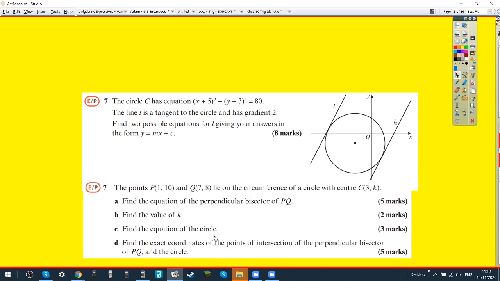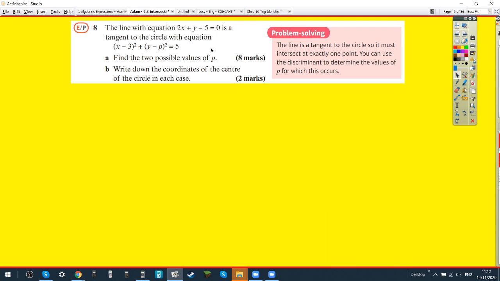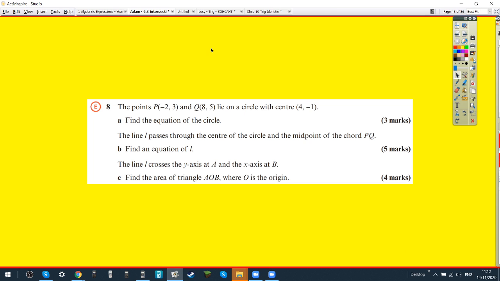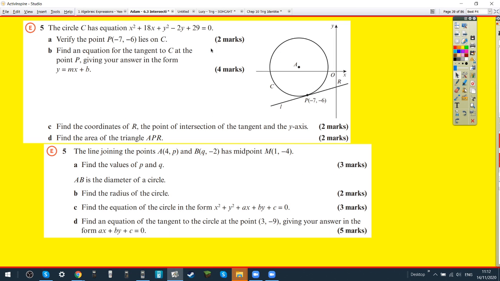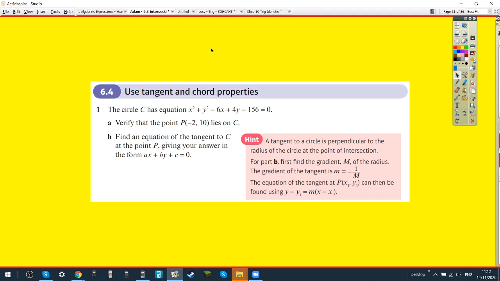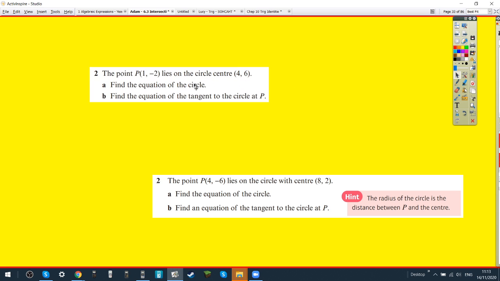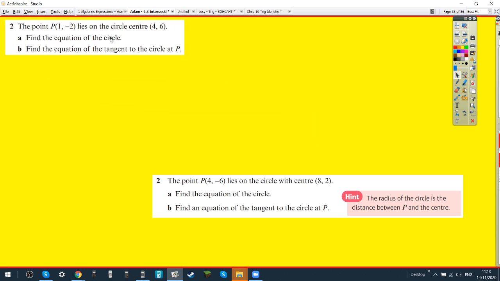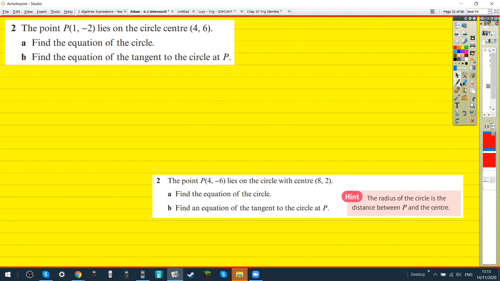Okay, let's do this top one. Let's just do part B.